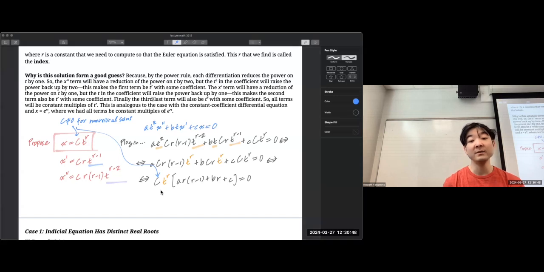And so that leaves us with only one other option, which is to make whatever is in here equal to 0. So we don't want C to equal 0 because that gives you the trivial solution, your 0 solution. You don't want t to be 0 because then you're only able to solve this differential equation when t is equal to 0 and not for all t. So if you want to satisfy it in general, this has to equal 0.